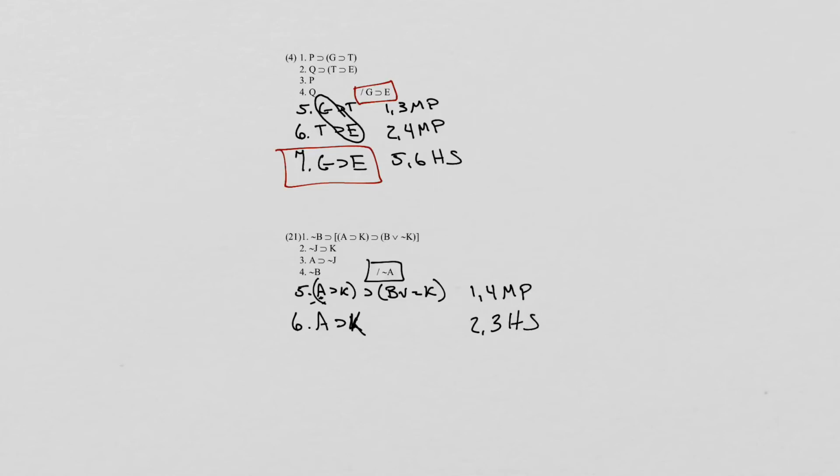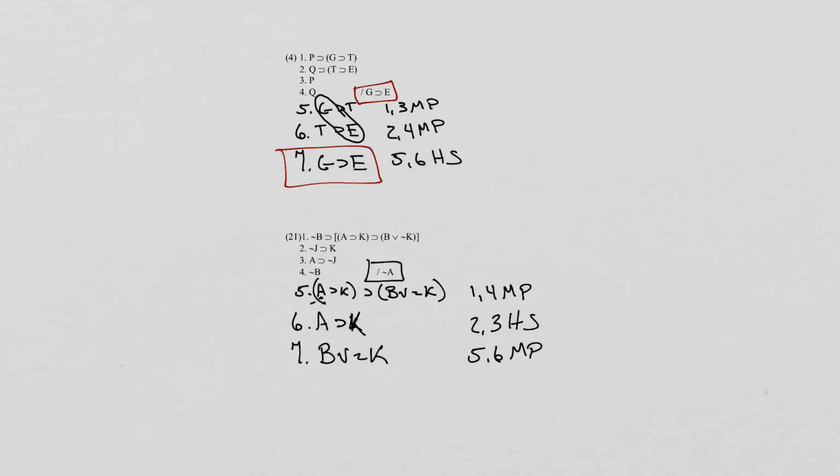And if you'll notice, now we have if A, then K. So now on the next line, I'm just going to use modus ponens, and I'm going to pull that out. So I'm going to use 5 and 6, modus ponens, because I have the antecedent. That's all I need.